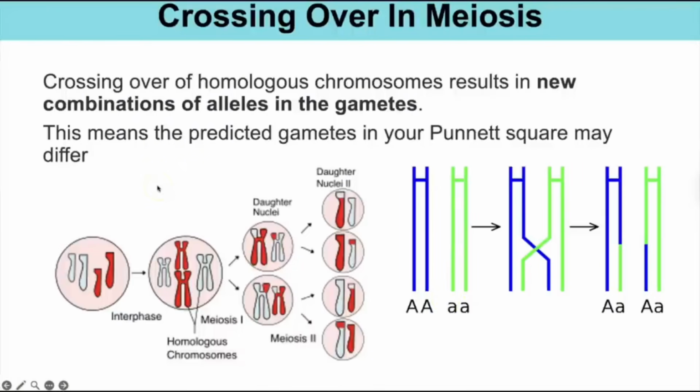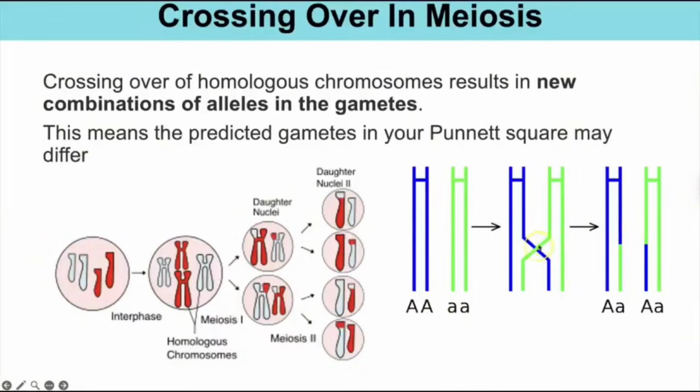Now, I'm actually just going to quickly go over crossing over in meiosis very briefly, because this actually is from topic 4, but you need to have an awareness of it for this. So crossing over of homologous chromosomes happens in meiosis 1, the first round of division in meiosis. It's when those homologous pairs, so the chromosomes, pair up at the equator to form a bivalent, meaning 2 chromosomes next to each other.